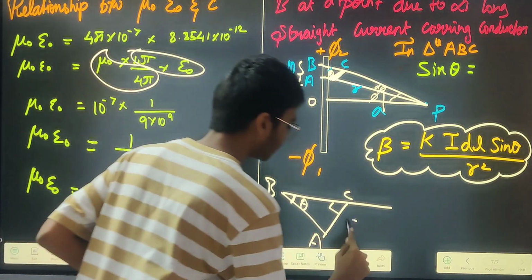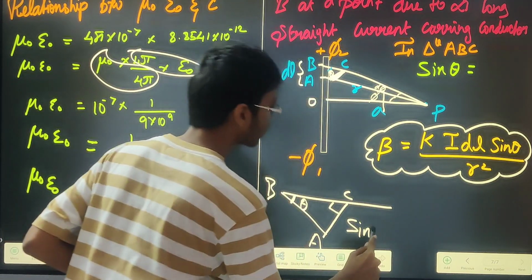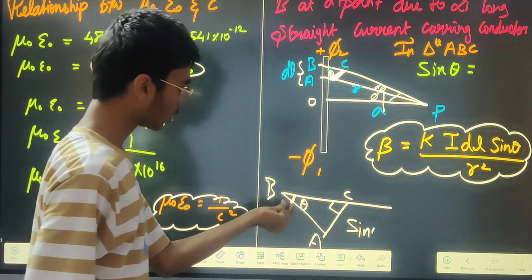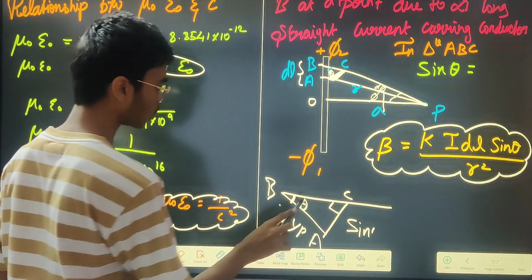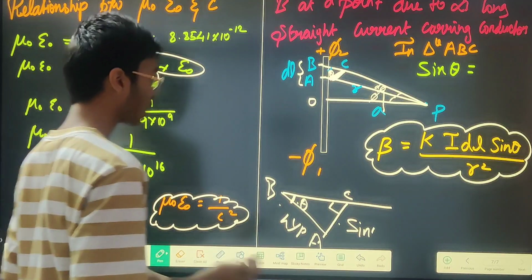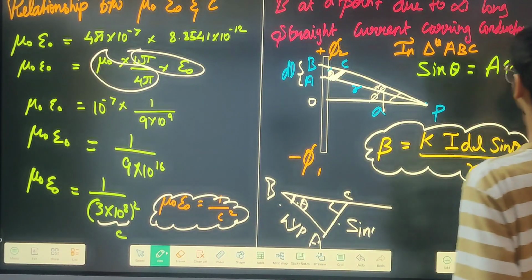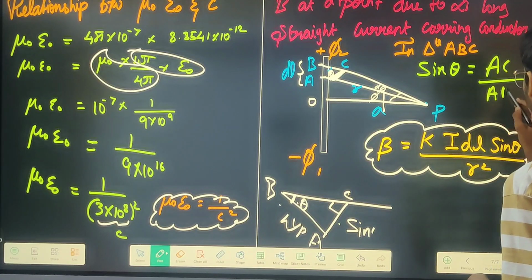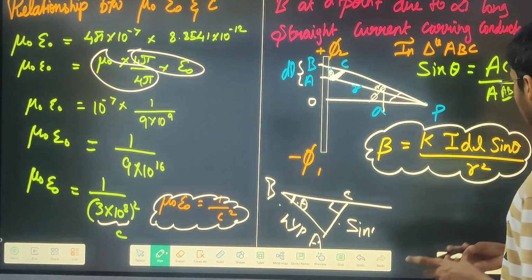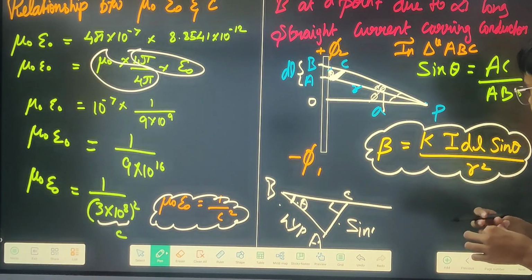Okay, so sine theta is equal to, so this is the hypotenuse, and this is the right opposite. So AC, yeah, correct. AC whole divided by hypotenuse, which is AB. So I can say that sine theta is equal to AC by AB.